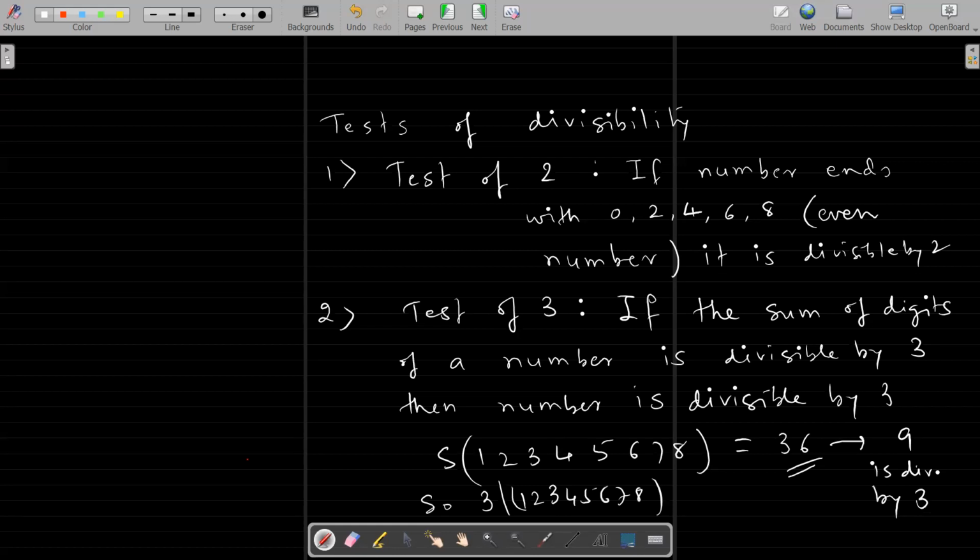Yeah. Now what are you going to say? Test of 4. Sir, I'm Kushal Puriya. I'd like to say the divisibility test of 4. If there's a number, we need to see the last 2 digits of the number, and if they are divisible by 4, then the whole number is divisible by 4.